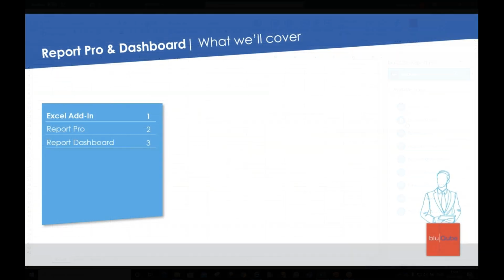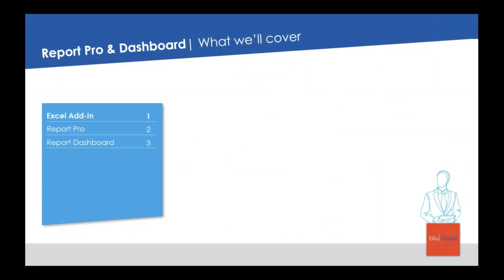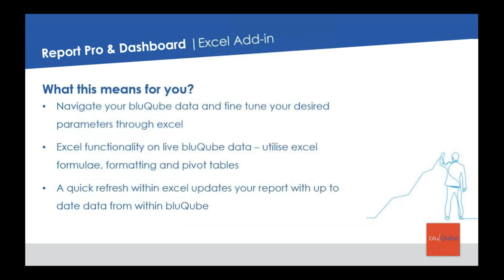Thank you, Ken. We could pop back to the slide to talk through that in summary. What that means to you is that you will be using Excel as the interface, giving you the functionality that we all know and love: being able to use Excel formulae, to format, and to create things like pivot tables.